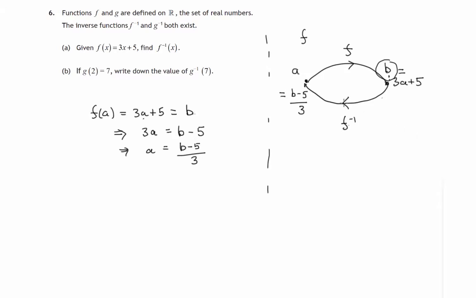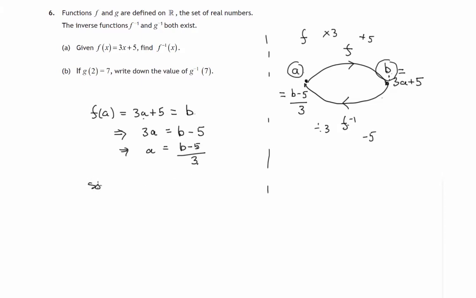Another way of thinking about that is that f, remember, multiplied by 3 and then added 5 in that order. So undoing them in the correct order would be taking away 5 and then dividing by 3, which is what we're doing here. So f to the minus 1, what does it do to b to get a? It subtracts 5 and divides by 3.